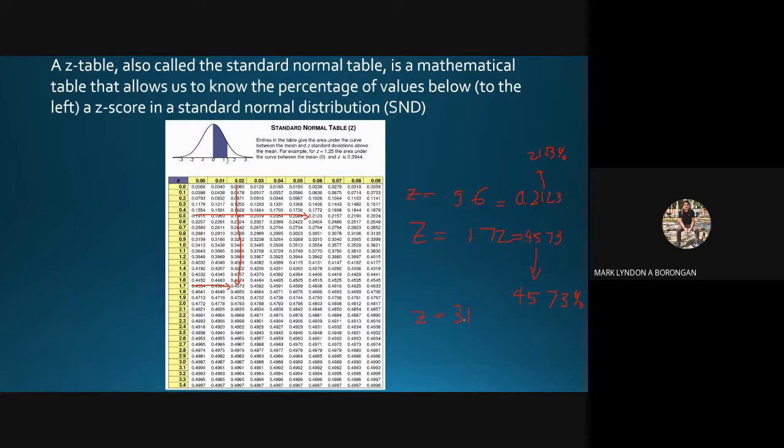Sige, Miss Agundo. 0.4990. Very good. We base it on zero, and there is nothing else: it is just plain 3.1, not 3.12 or 3.11. So your answer is 0.4990. In percent form, 49.90%.